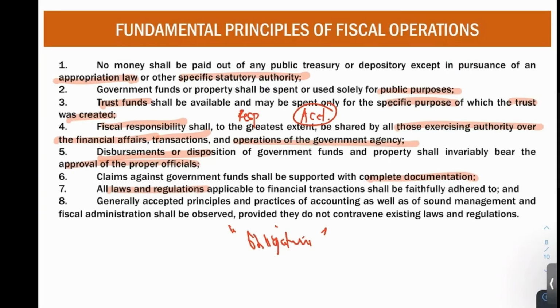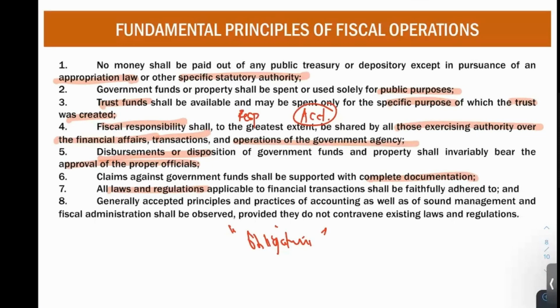Aside from that, no more holding of office. You cannot also run for public office, meaning you cannot run for elections. So those are certain administrative liabilities. So criminal, civil, and administrative. Those are the chances if ever you will not adhere to laws and regulations.